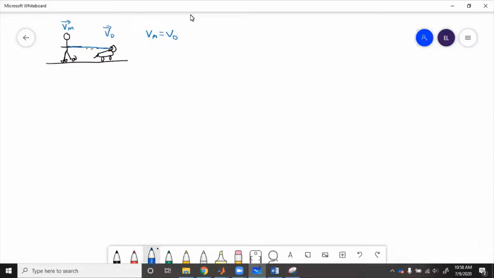So this coupled motion can often be over a pulley. So let's say we've got a block here and then a block here. And then they're connected by a rope that goes around a pulley.